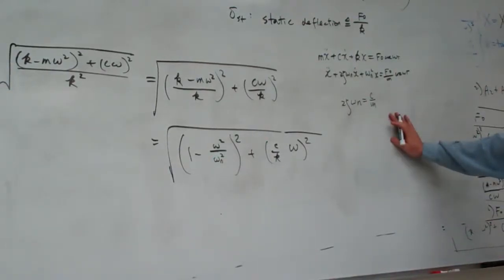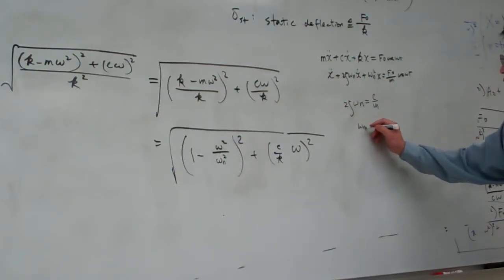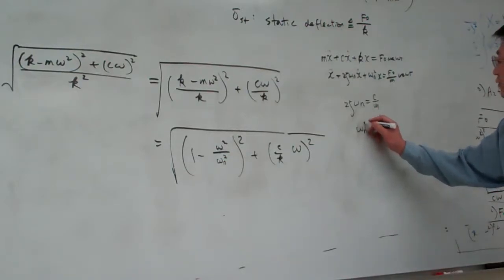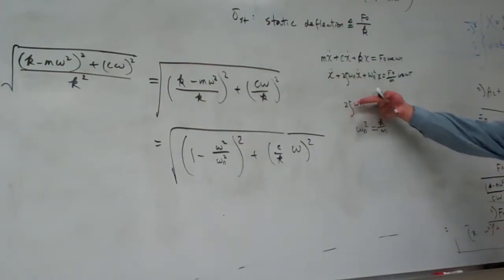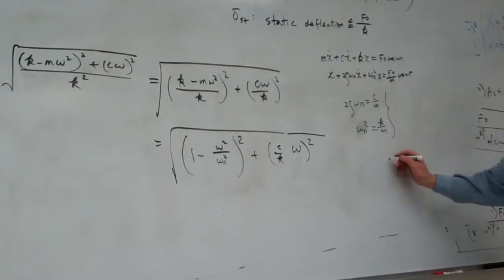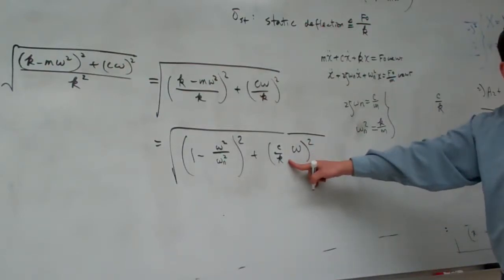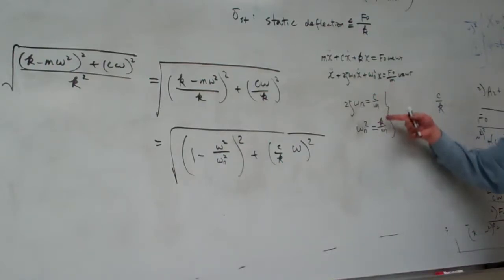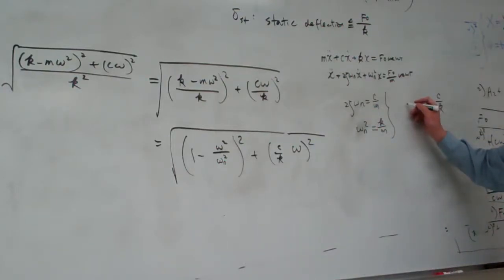And also k over m equals omega n squared. Here I want to make up c over k, so I simply divide one equation by the other side by side. From here, I want the information of c over k, which is what we need. If I divide the two equations side by side, c over k will appear.